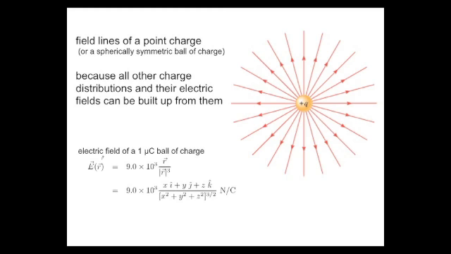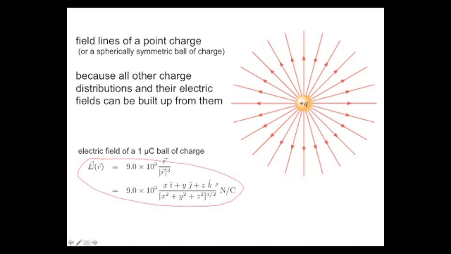The equation for the electric field of this charge distribution is given here. It specifies the electric field at every point x, y, and z in the space surrounding this ball of charge. You can see that the coordinate system has been set up to have its origin at the center of the charge.